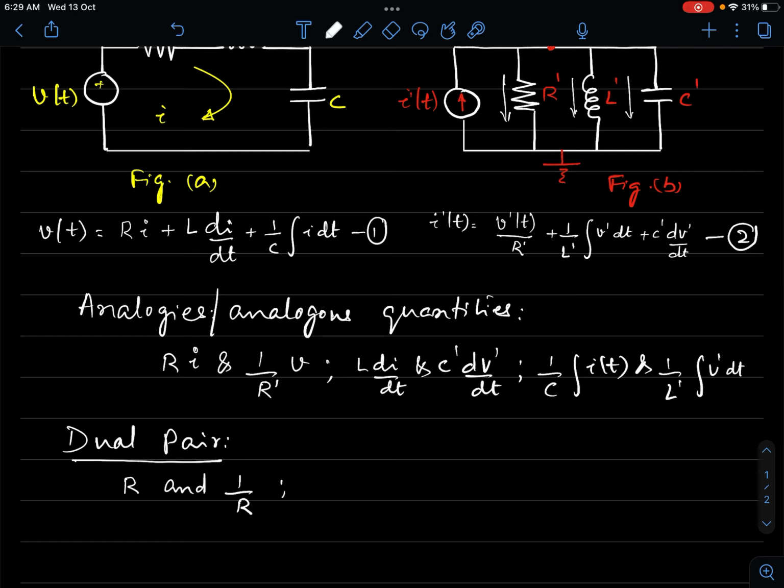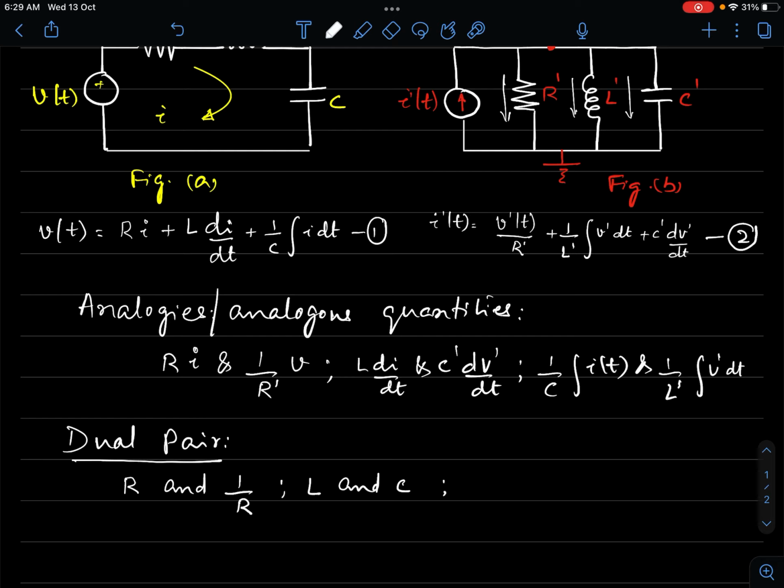And L and C. I'm dropping the dashes here. I'm simply writing L and C, that is a dual pair.